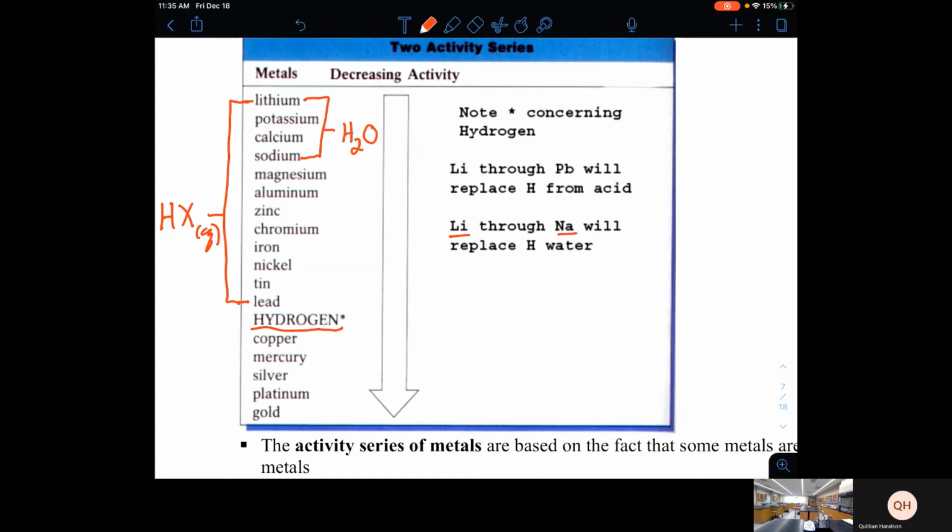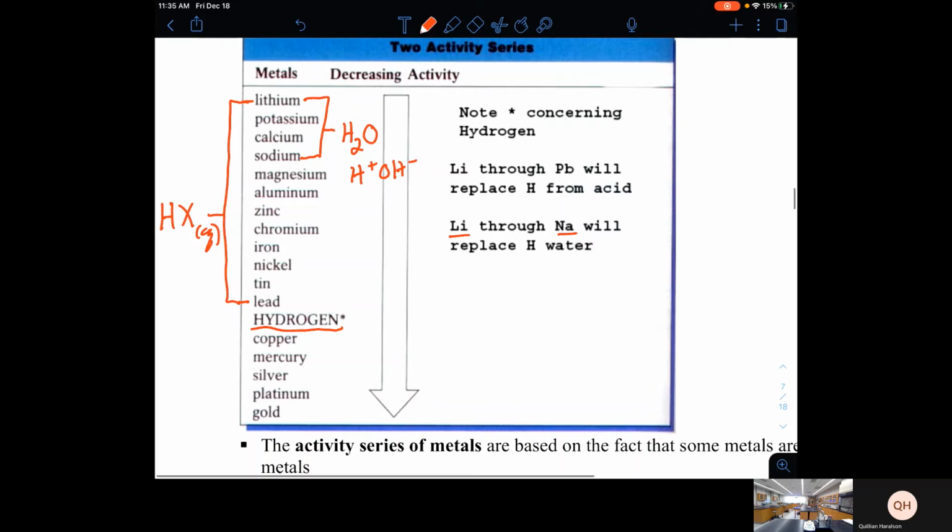But when you look at the water and we look at this H plus, remember, think of water as H plus and OH minus, these two are really holding on to each other. And because they're holding on to each other with a lot of force in this case, it just takes some really strong metals to be able to pull that hydrogen away. So not all metals are strong enough to be able to achieve this.